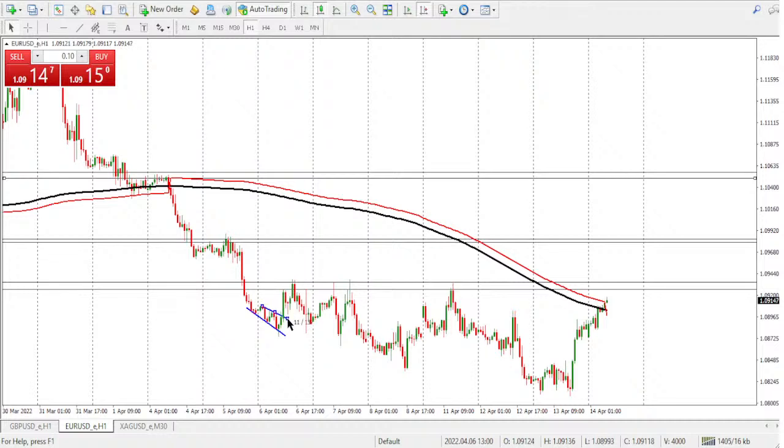Then we have that. It doesn't look that nice, but still it's a shape, so we won't want to ignore anything. If it looks interesting, we draw it.